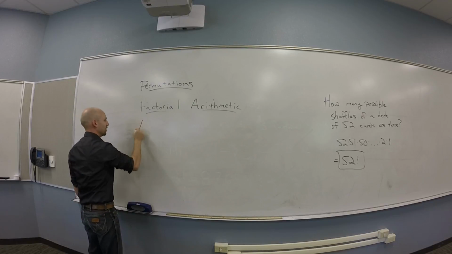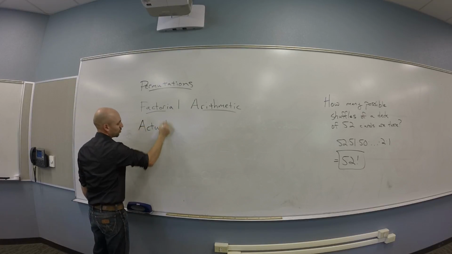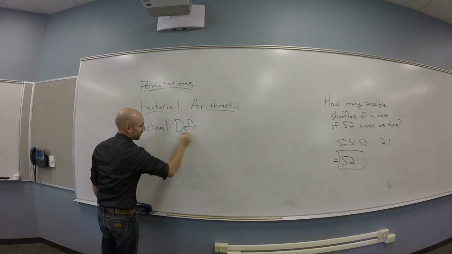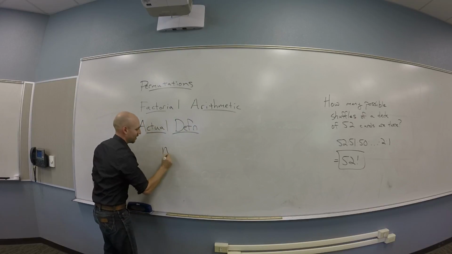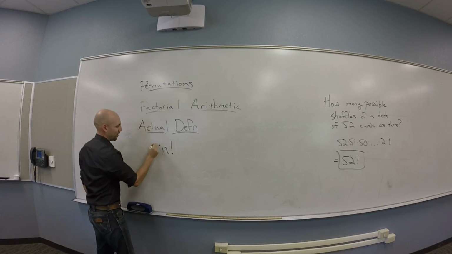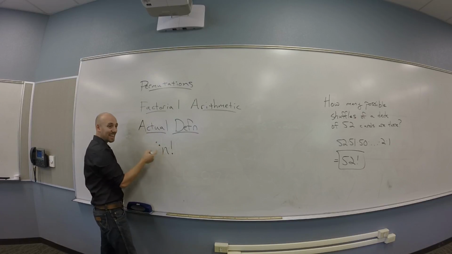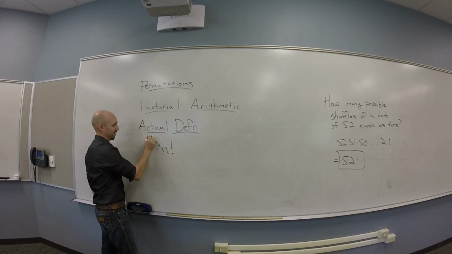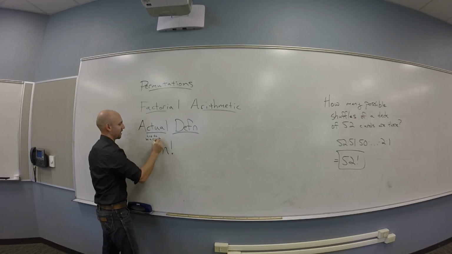Okay, so actual definition. N factorial. Notice that n there has to be a counting number.